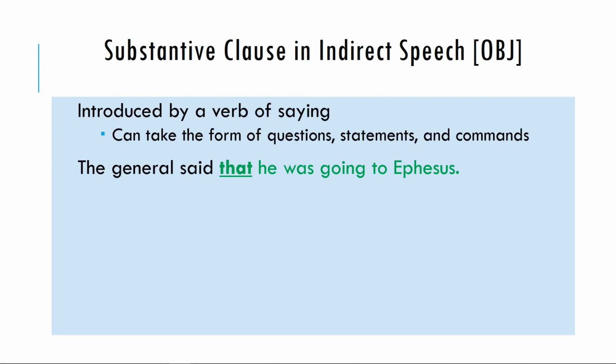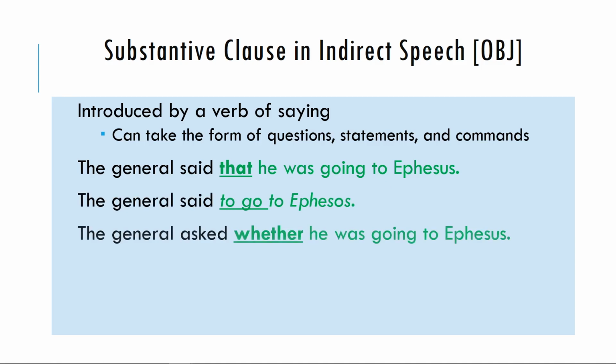He said that he was going to Ephesus. What happens is the subordinate clause, although it looks like a main clause, it is subordinated to the saying. He said to go to Ephesus. He asked whether he was going to Ephesus. So it can take the form of a question, a statement, or a command. They're all going to act as the objects.